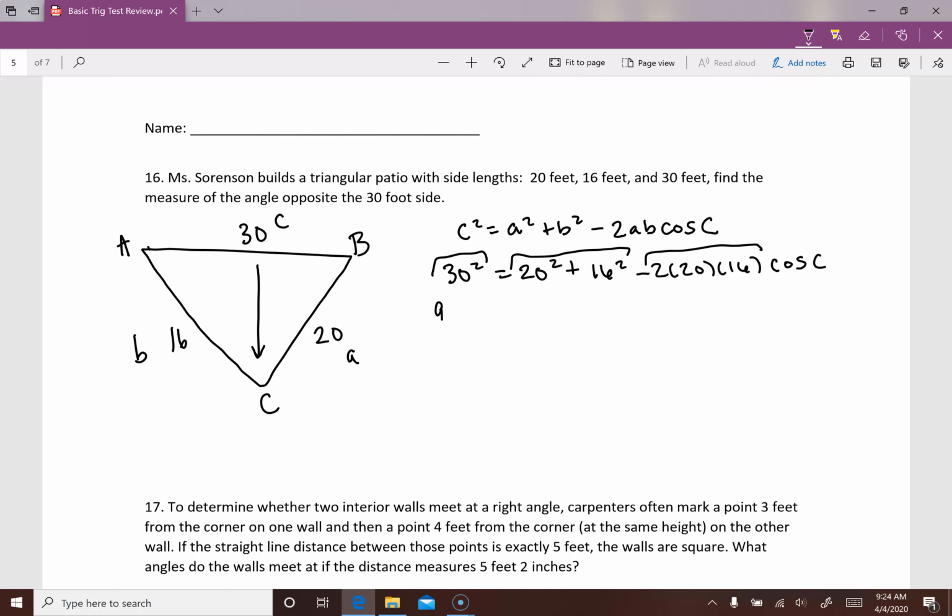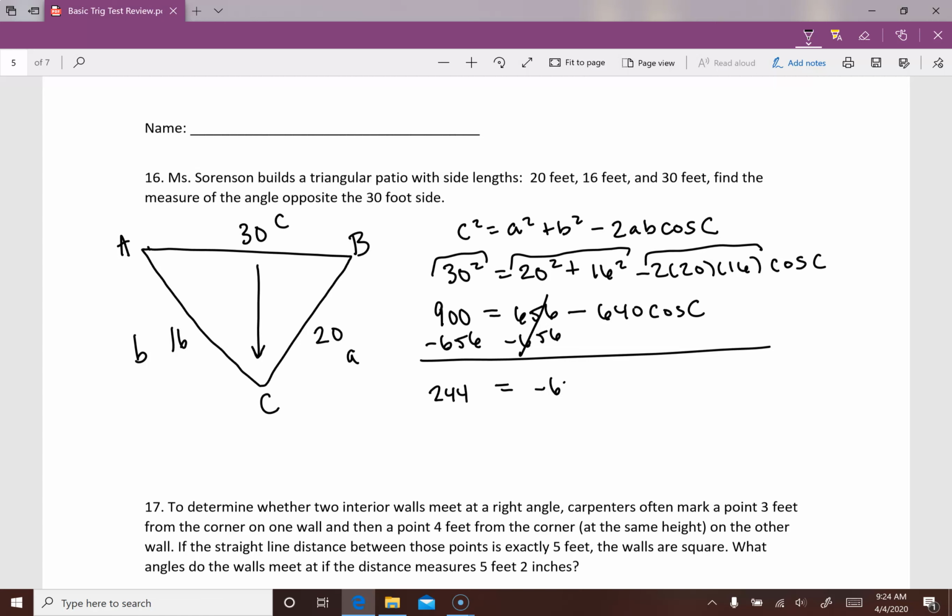That's going to give us 900 is equal to 656 minus 640 cosine C. Get rid of this 656. That's going to cancel out right there, and 900 minus 656 is 244, and that's going to be equal to our negative 640 cosine C.